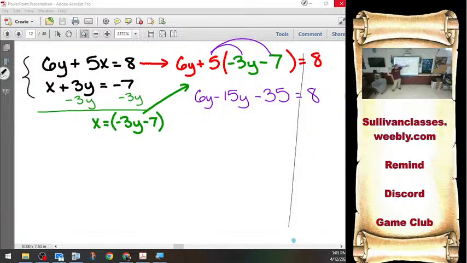I've seen so many kids that will come along and say plus 15y. The 6, can you just drop that plus? Because it's a positive 5 times a negative 3y. That's what gets the negative 15y, or minus 15y.